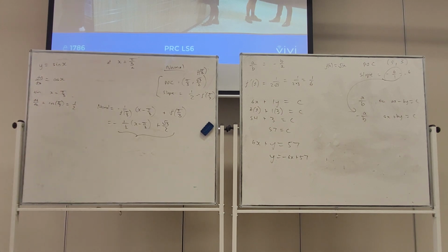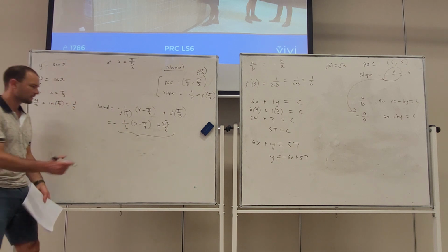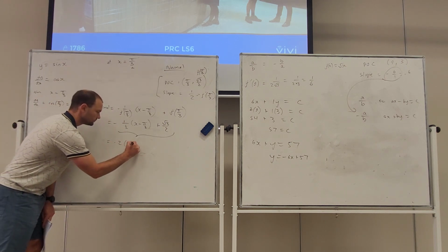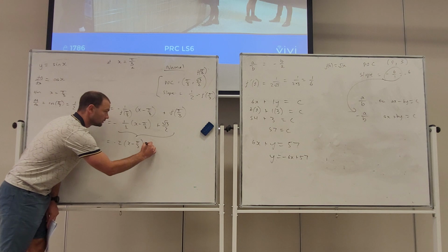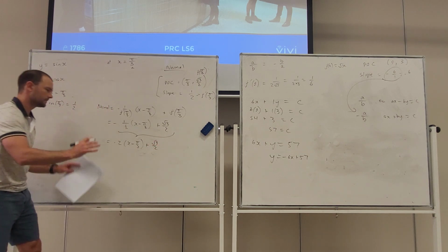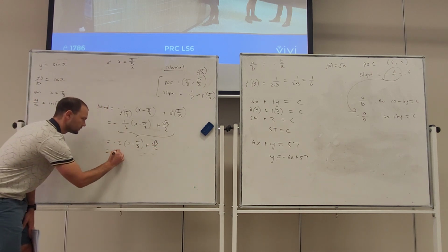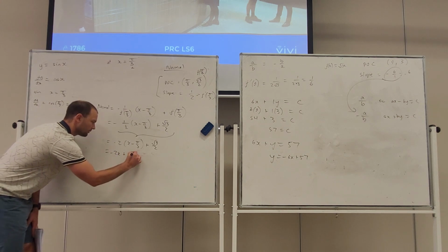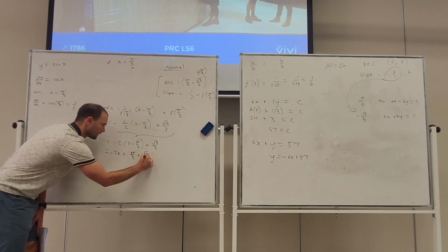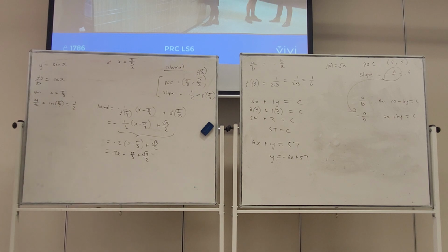The only thing we can do now is simplify it a little bit. So 1 divided by a half is going to be negative 2. And I'm just going to expand this, distribute the negative 2x plus 2 pi on 3.